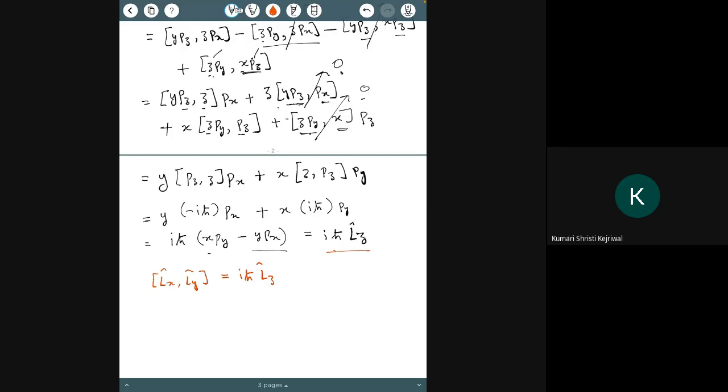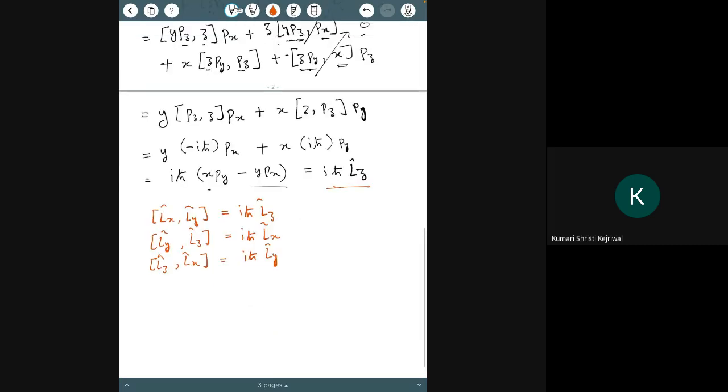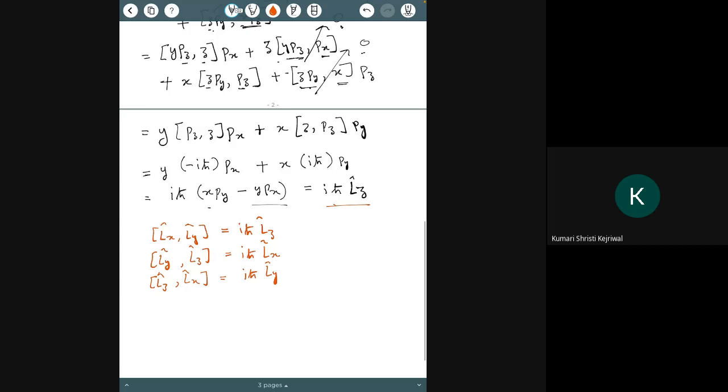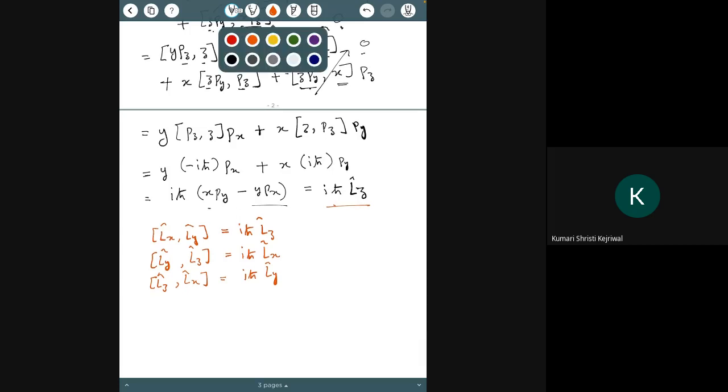And if you work out the other commutators, say the Ly Lz commutator, that will turn out to be iħ Lx, and the Lz Lx commutator will turn out to be iħ Ly. So this sort of forms a complete set of interrelated equations, which is very nice.